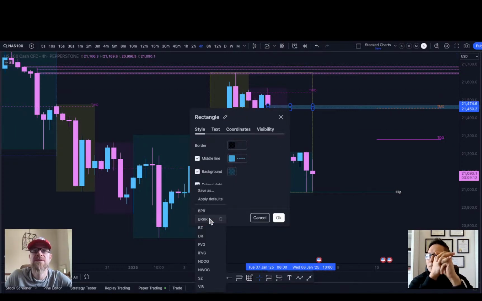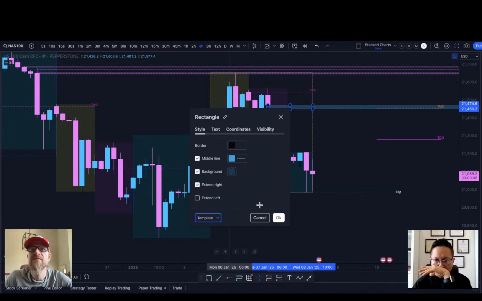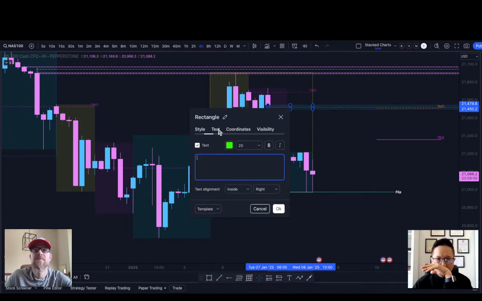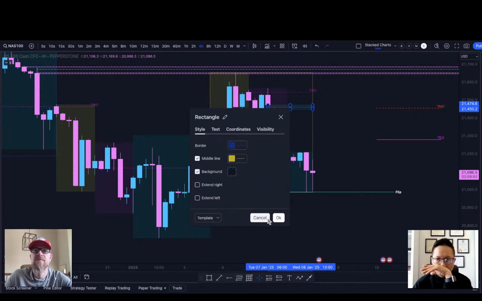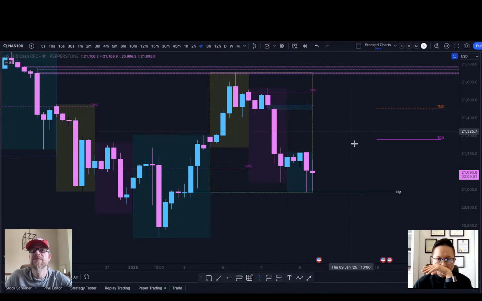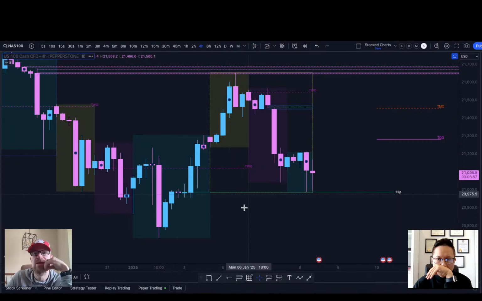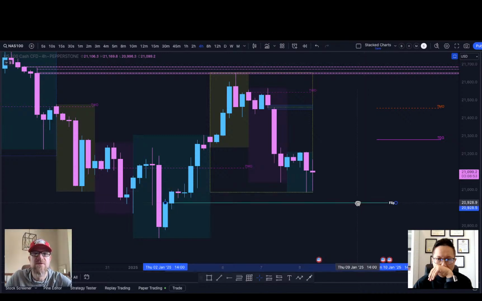Well, I could probably just do template here. There's that VIB. There's some equal lows right here. So since this has been tapped, let's take this 4-hour flip down here that's underneath all that liquidity.